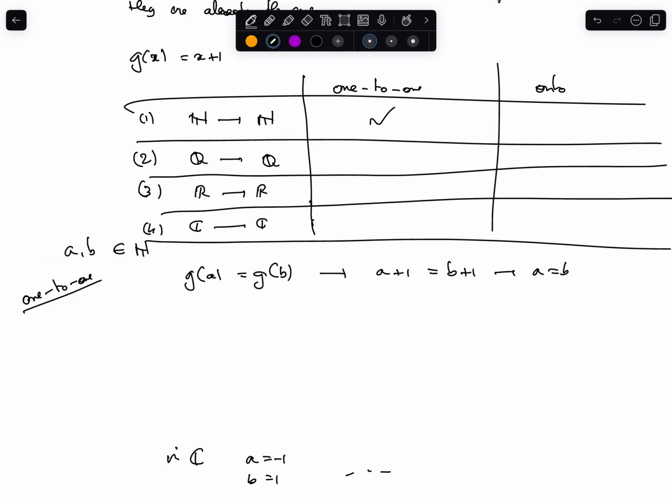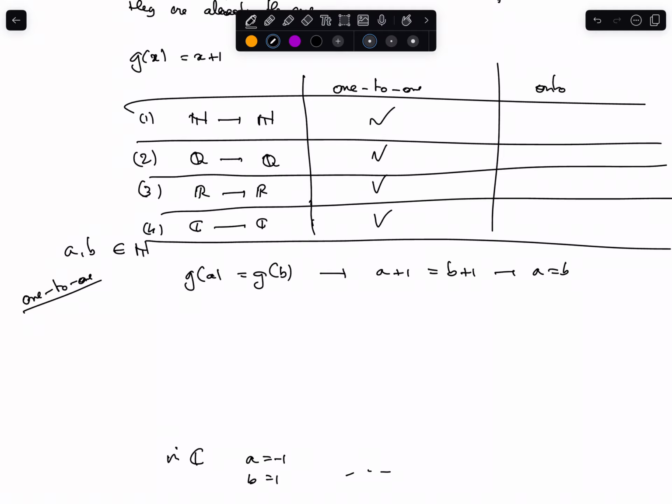Now you see that what I'm doing here really did not matter what a and b were. They were natural numbers, but they could have been rational numbers, real numbers, or complex numbers. This equation is so simple, we're always going to get a is equal to b. So this is always going to be one-to-one. So you see, a lot of things can happen depending on which algebraic structure we work in, but sometimes it just doesn't matter much.